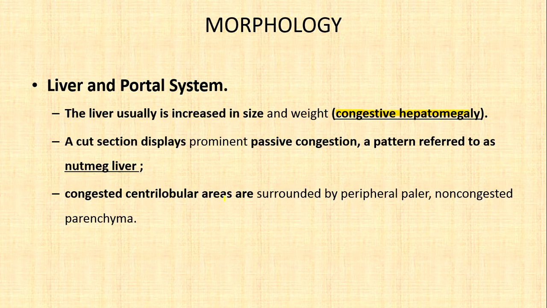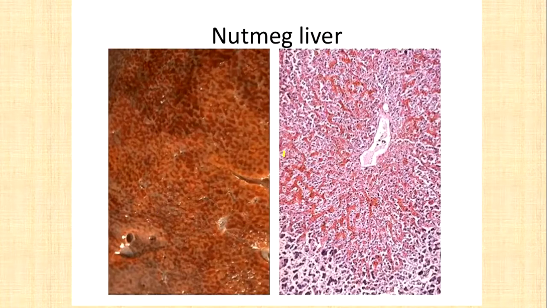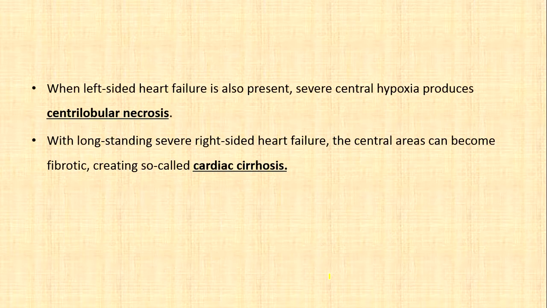Congestive centrilobular areas are surrounded by peripheral, paler, non-congested parenchyma. These are the centrilobular areas, and you can appreciate they are congested as compared to the peripheral areas, which are paler and less congested. When left-sided heart failure is also present, severe central hypoxia produces centrilobular necrosis.